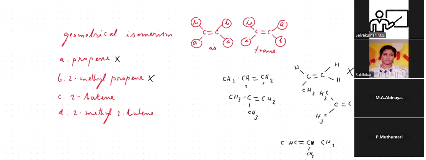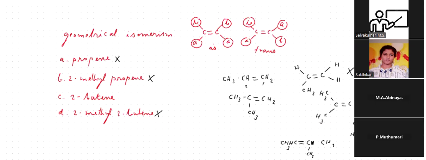If you write the compound in the cis-trans form, this side has 2 methyl groups, this side has 1 methyl group and 1 hydrogen. Even this will not give cis-trans isomerism. So this is also not the correct option.